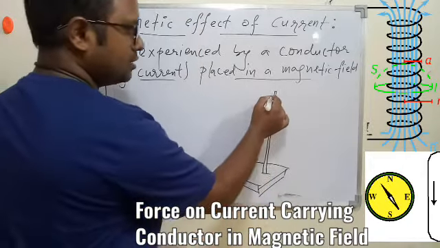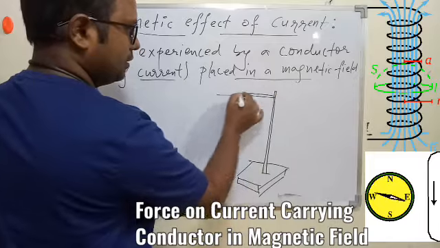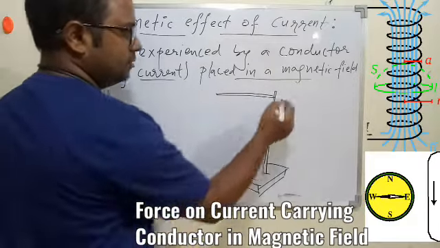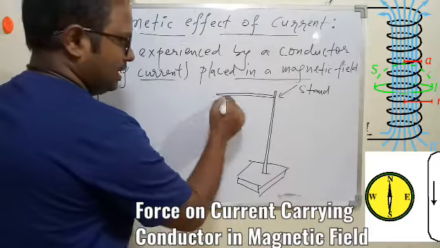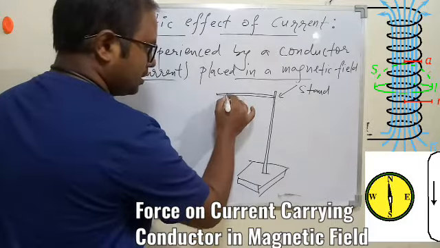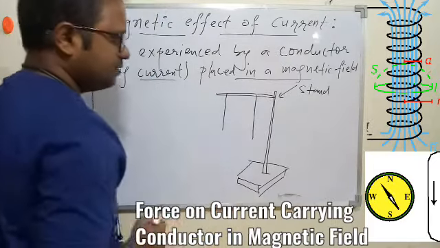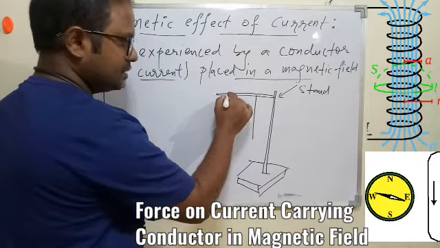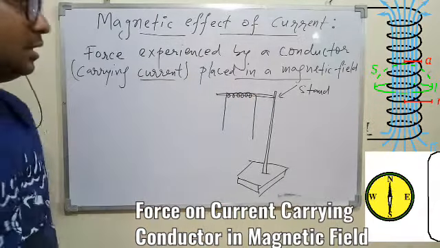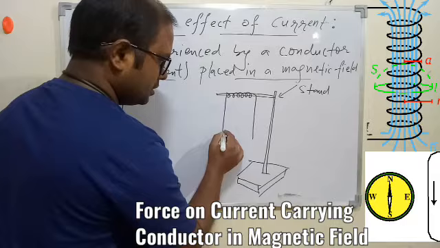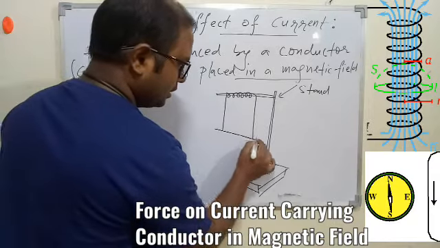So let this be a stand, and we have a circuit, that is a wire having two different ends, and that may be hanged with the help of this, and this is connected with a conductor.